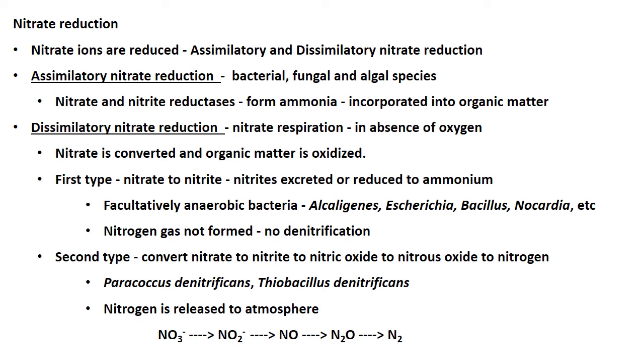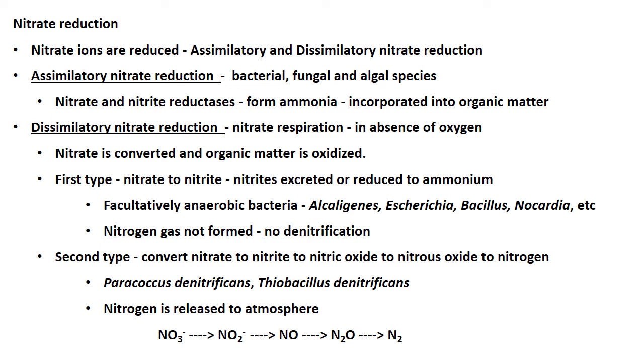In the second type of dissimilatory nitrate reduction, for example, by Paracoccus denitrificans, Thiobacillus denitrificans, etc., the nitrate is converted to nitrite, then to nitric oxide, to nitrous oxide, and then finally to nitrogen. So here nitrogen gas is formed and denitrification occurs, that nitrogen gets released into the atmosphere.